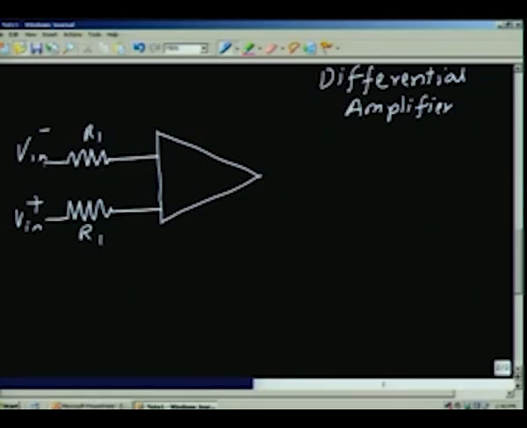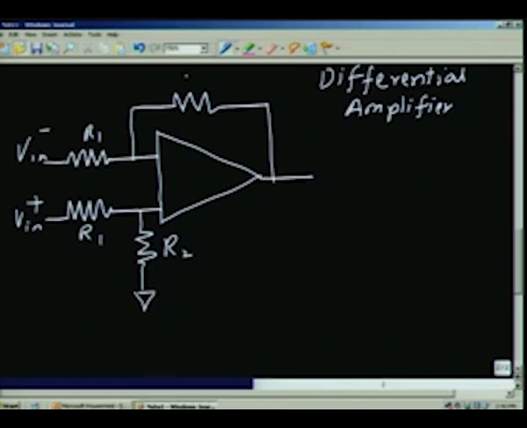Therefore, these are two potentials, these positive and negative are with respect to the ground. So, the ground is here, I will show it like that, and there is a resistance R2, and here there is one more resistance R2, and this is your output.